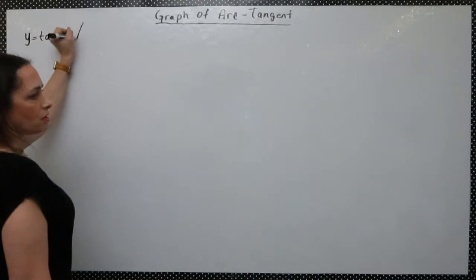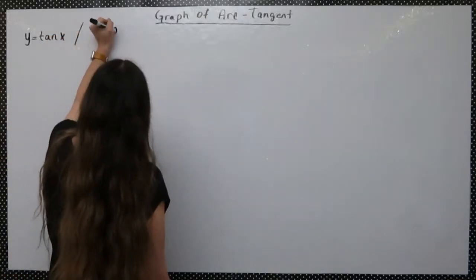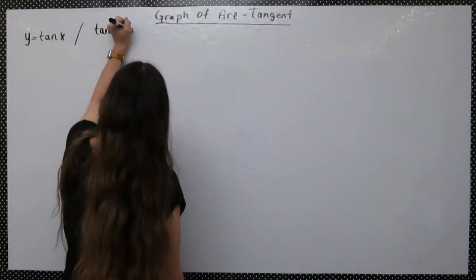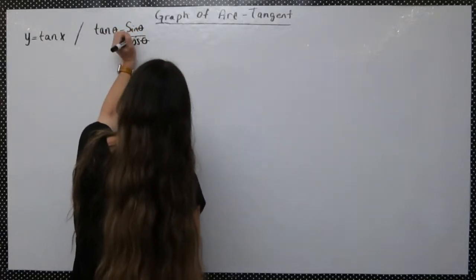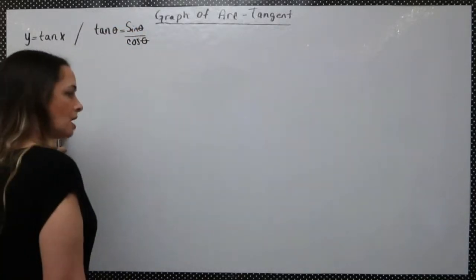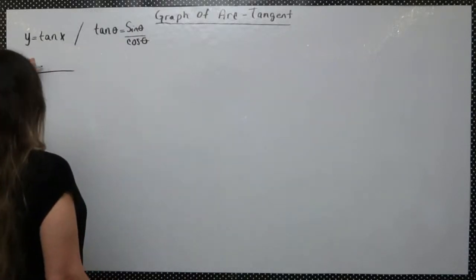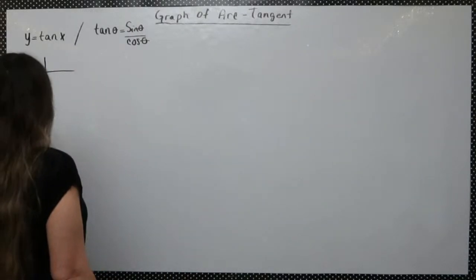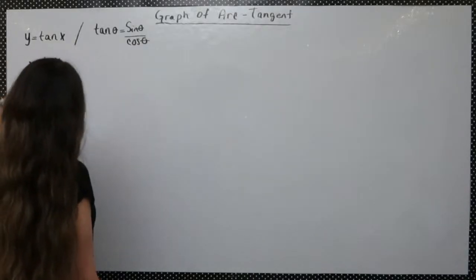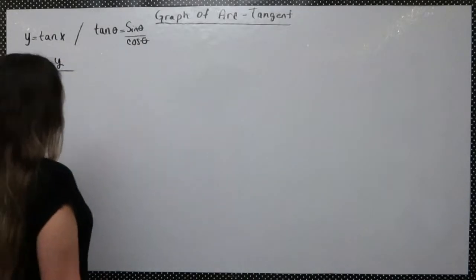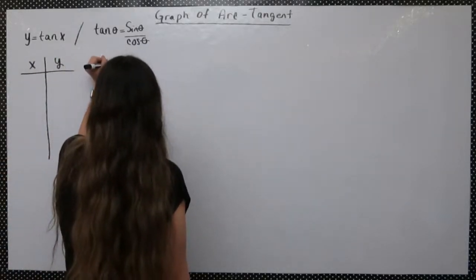And recall that the tangent function, tan theta equals sine theta over cosine theta. All right. And we'll start by building a table. We need a set of ordered pairs to plot points. And recall we graphed tangent last week.